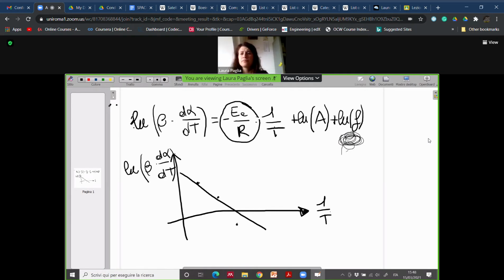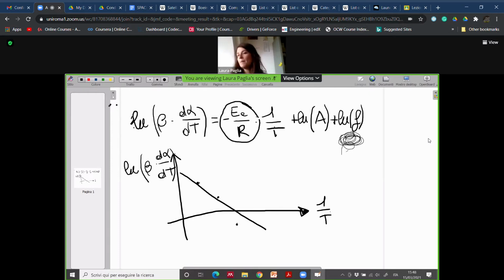We can have as many points as we want, according to how many different heating rates we used for the thermogravimetric analysis. In order to apply this method, it is very important to have several points.